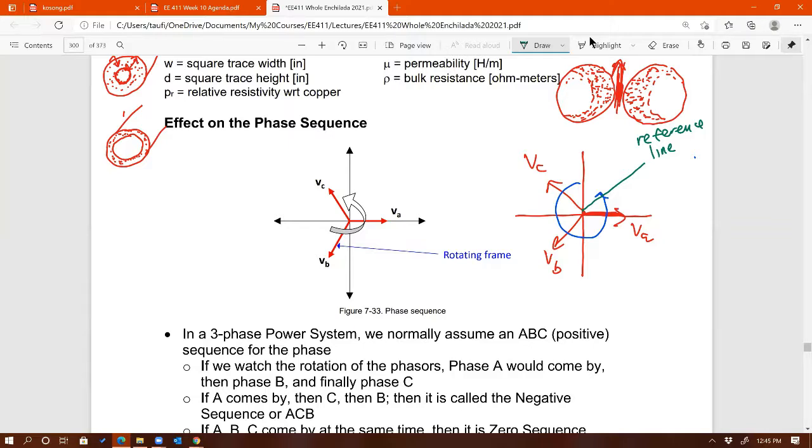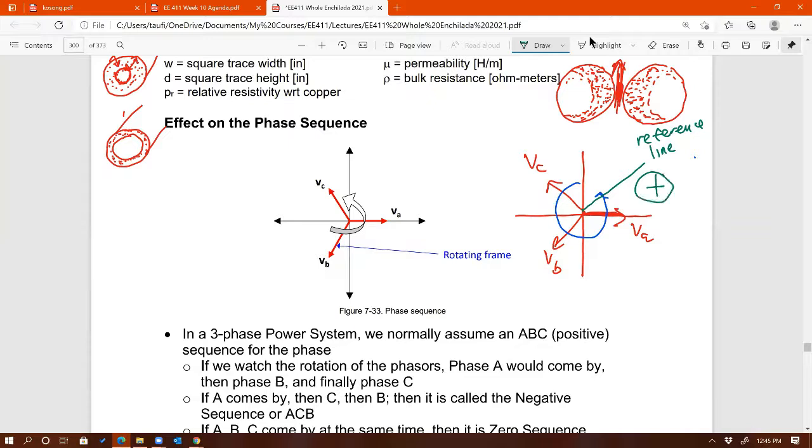VA is going to pass by first. Who's going to pass by next? VB. Who's the last? VC. So imagine this frame rotates counterclockwise. A is going to come by first, B is going to come by next, and C will be the last. That's called positive sequence.